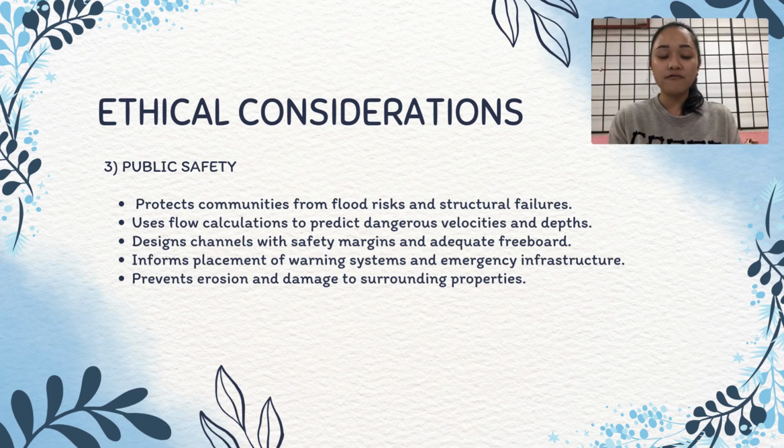The third point for ethical consideration is public safety, which is vital in hydraulic engineering, especially when designing systems near populated areas. Accurate calculations of channel flow help predict depths, velocities, and flood risks. Without proper modeling, communities face dangers like flooding, erosion, and infrastructure failure.